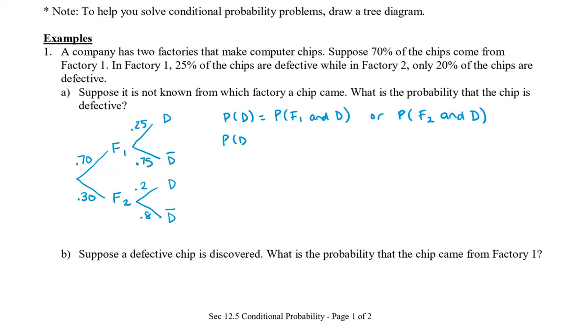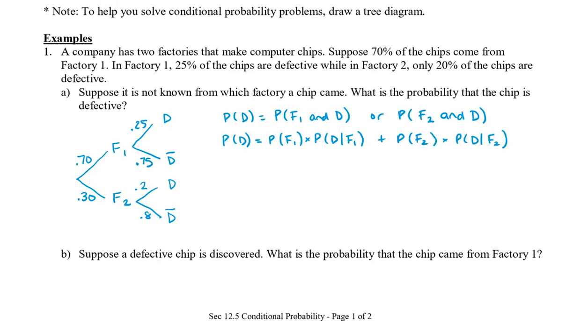The probability that it's defective is equal to the probability that it's from factory 1 times the probability that it's defective given that it's from factory 1, plus the probability that it's from factory 2 times the probability that it's defective given that it's from factory 2.